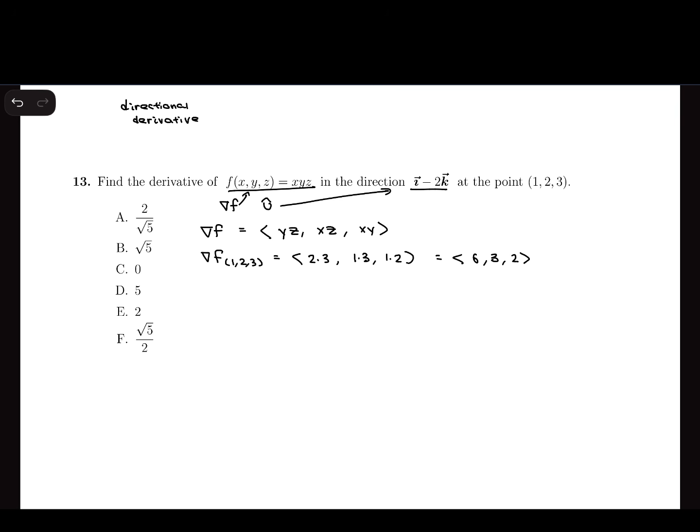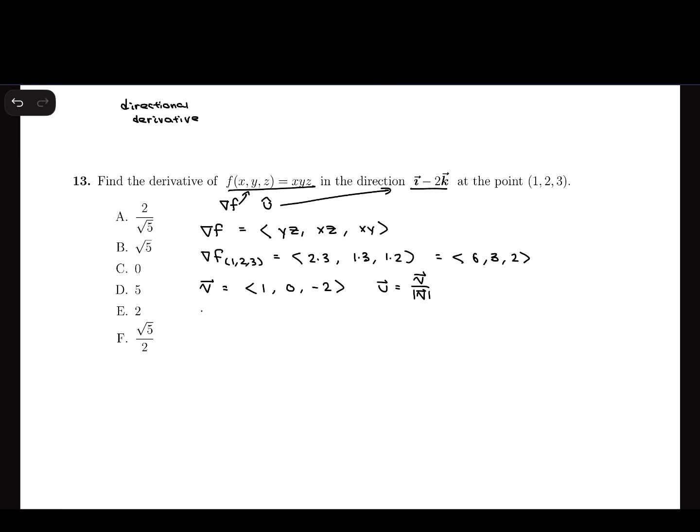So we already know that our direction vector, I'll just call it v, has a 1 for i, no j, which means it's 0, and for k, it has a negative 2 coefficient. In order to find the unit vector for this, remember, a unit vector is the vector divided by the magnitude of that vector.